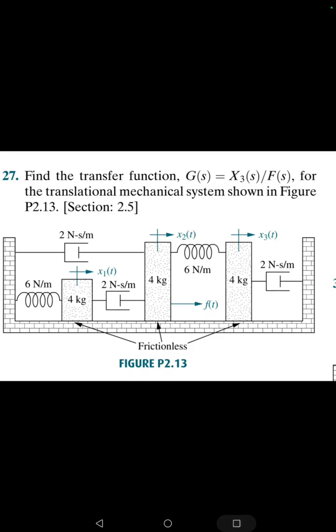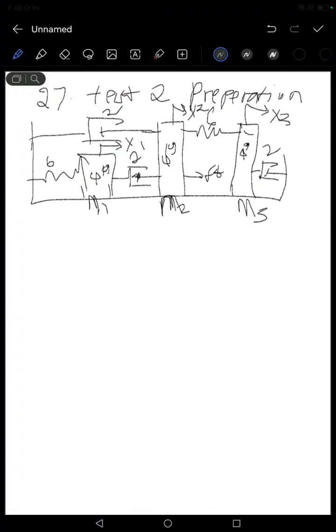So remember what we do first. We draw a free body diagram. We're going to start with M1, and then M2, and then M3. So now here we're going to start with a free body diagram of M1.